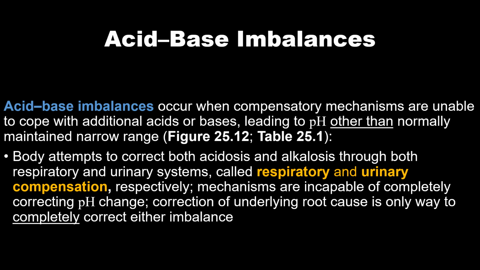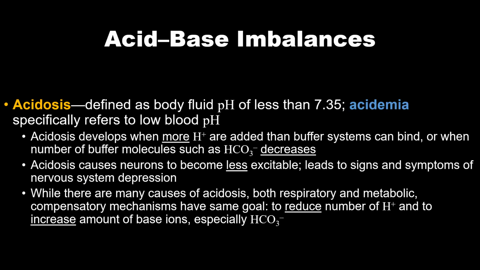And most of these pH imbalances are going to be secondary to other causes like respiratory disorders, kidney failure, GI problems. And so for this reason, treatment is generally aimed at the primary cause, and when that's resolved, pH returns to normal. Now, acidosis is defined as a bodily fluid pH of less than 7.35.